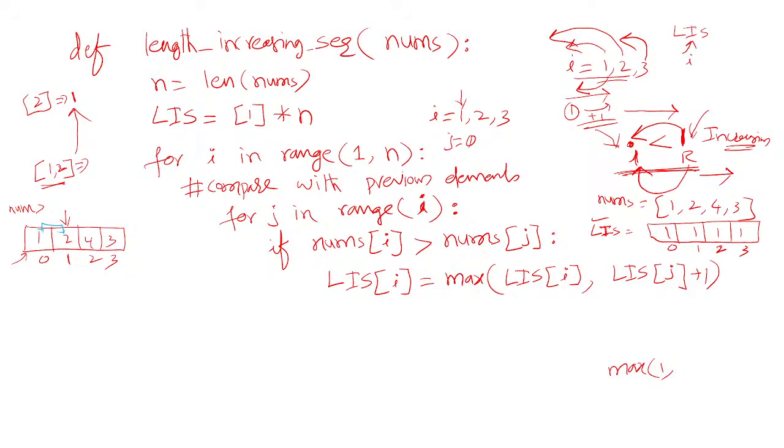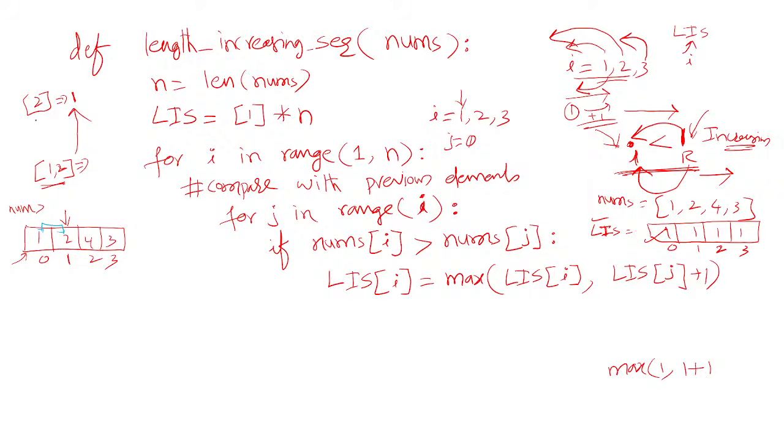The previous element might already be forming an increasing subsequence with its previous elements, so that length is already available in this array. That value we are taking. Now it is forming an increasing sequence by adding this element 2 here, so one more element is added. So that is 1 plus 1.